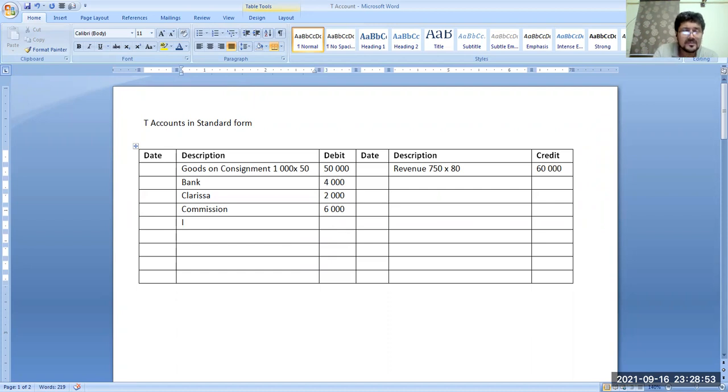Now, income statement. And before that, we have to carry the balance. We have to decrease our income from 15,000 to 12,000. So what would be the amount of the total here? 50,000 plus 4,000 plus 2,000 plus 6,000. Answer is 62,000.